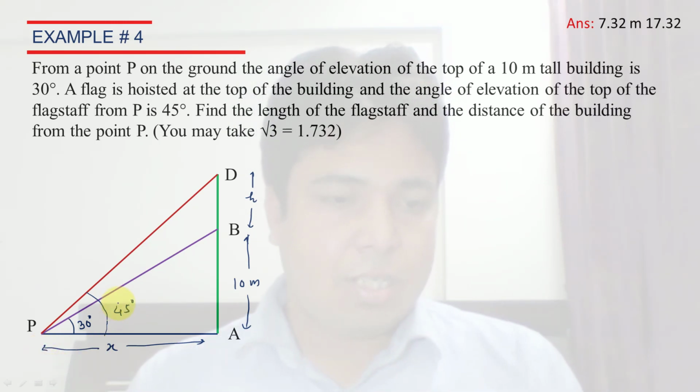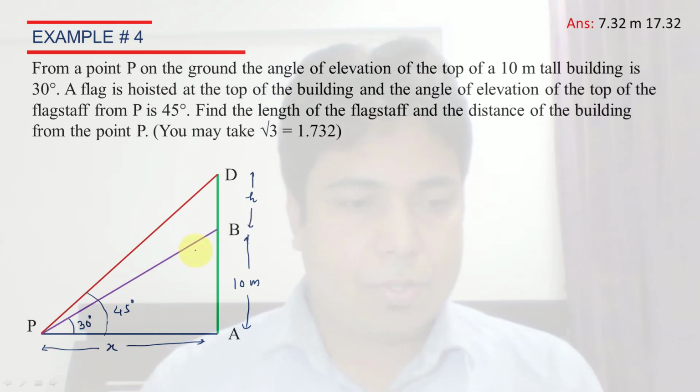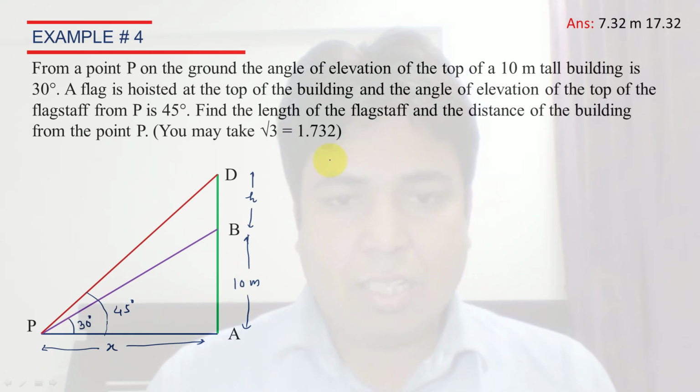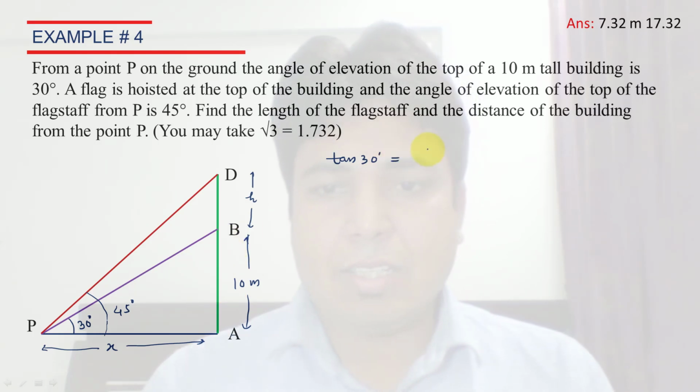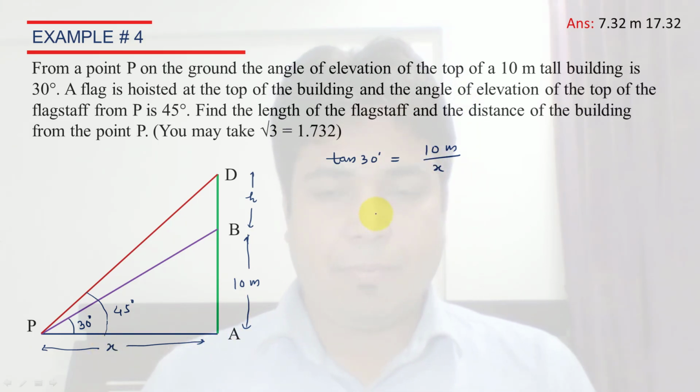So let's first apply the trigonometric ratio for triangle PBA. So tan 30 degree is equal to perpendicular, that is 10 meter, upon base, that is X, that we need to calculate.